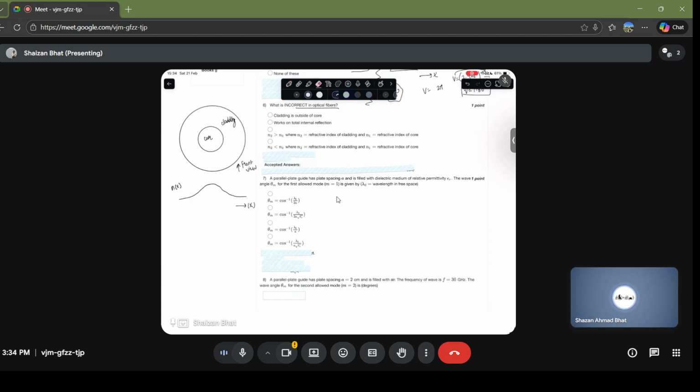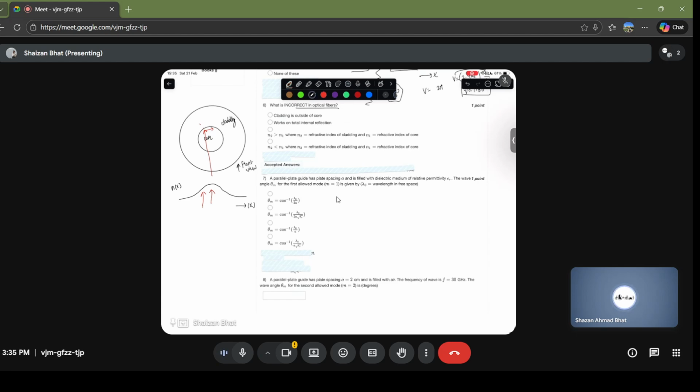The electromagnetic wave propagates in this region, which is the core, because you hit it at a certain angle, the critical angle. It undergoes total internal reflection and then propagates in the transport direction.